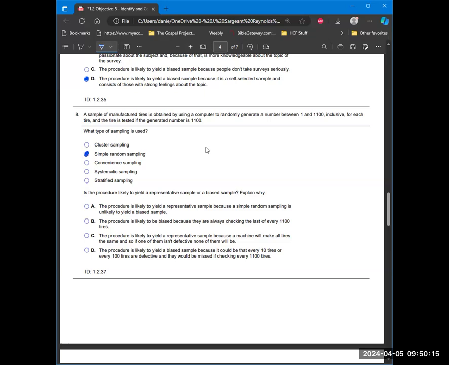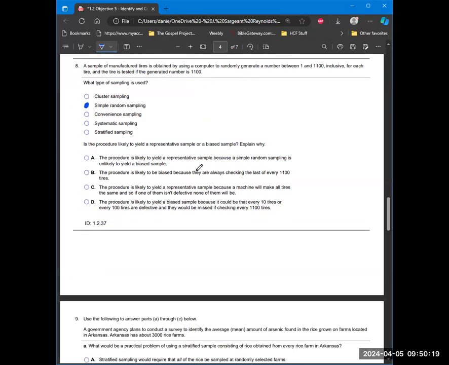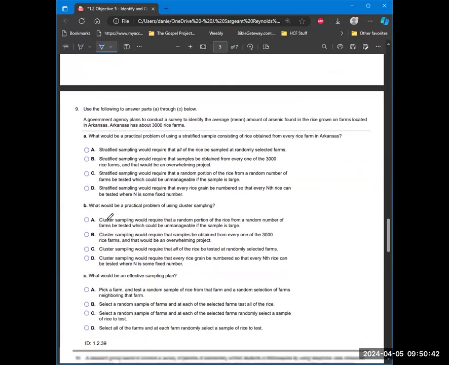So every tire has an equally likely chance of being selected. Is the procedure likely to be a representative sample or bias sample, and explain why? The procedure is likely to yield a representative sample because a simple random sampling technique is unlikely to yield a bias sample. So, keep going here.